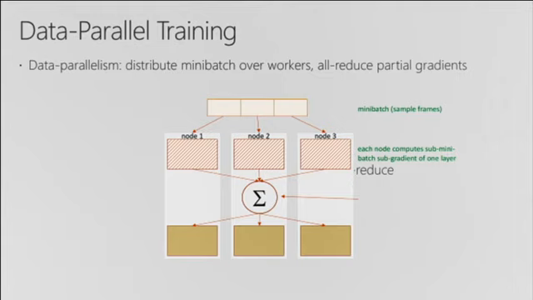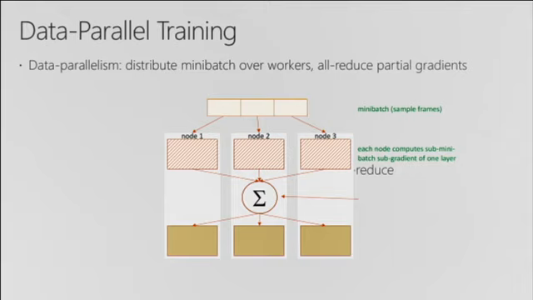This training typically involves a forward pass that runs from the input to the output, and then a backward pass that calculates the gradient of the network based on the data. Once all the gradients are calculated by all the nodes, the most naive way is to run an all-reduce on one of the nodes, like in this case, node 2.